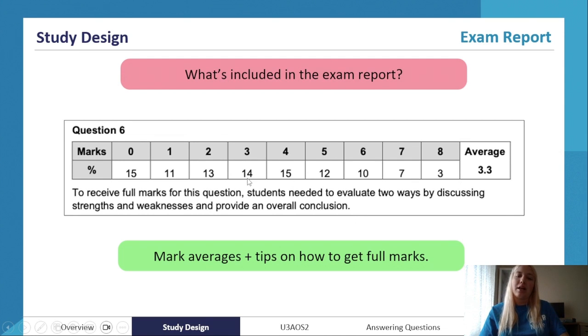So when you mark yourself as well, you can allocate yourself to predict your study score based on how well you're doing compared to the average. And say if you scored 7 marks, you can see, oh, only 7% of students are in this range.